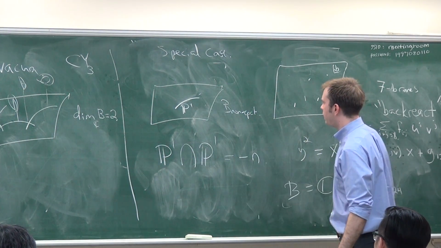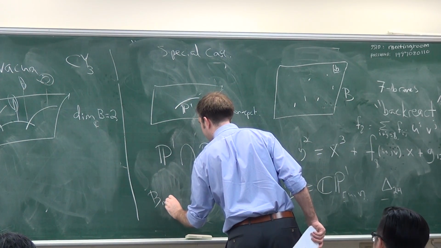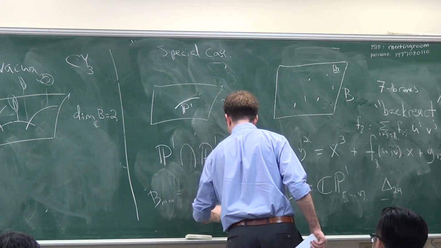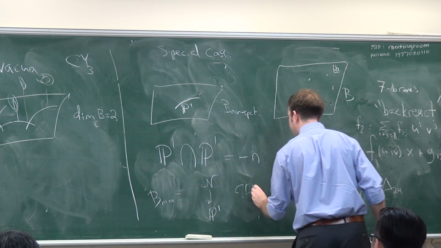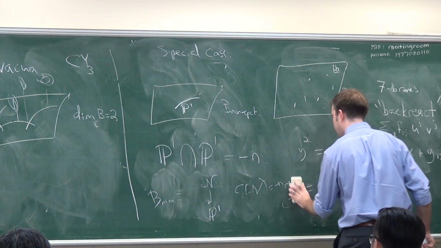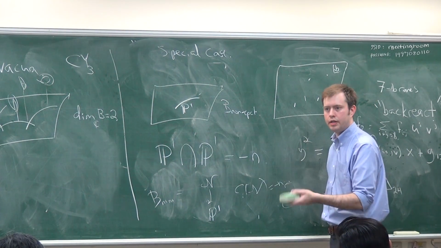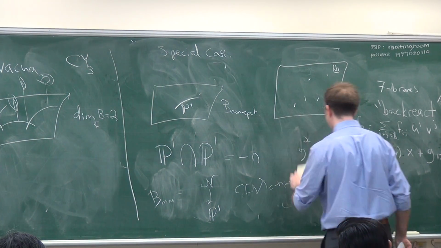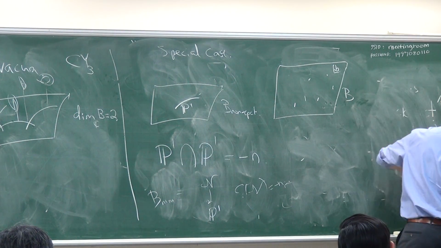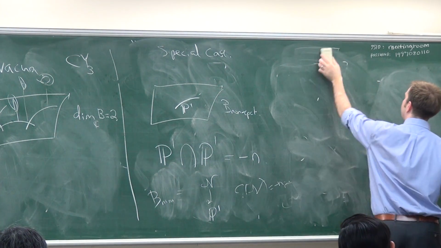What this means is that B has a normal bundle over the P1, and the first Chern class of that normal bundle is minus n, where by this I mean that I integrate it over the sphere. Now we're going to take n to be positive, so in other words, the self-intersection is negative.